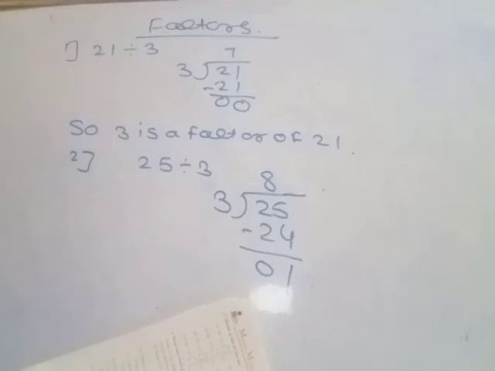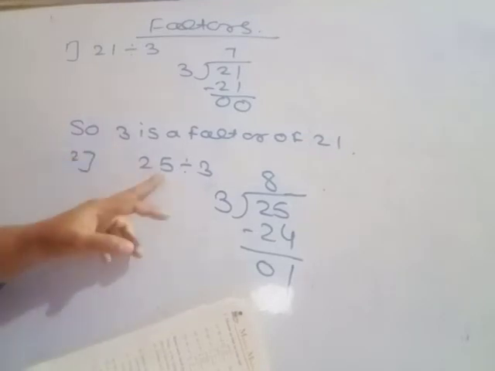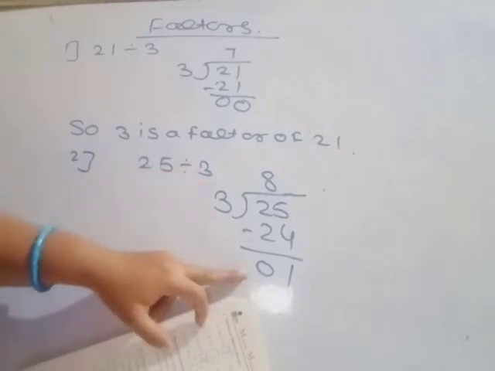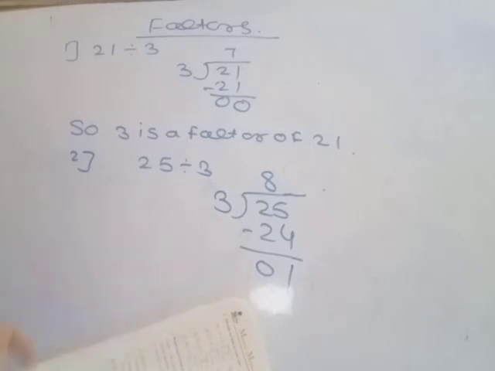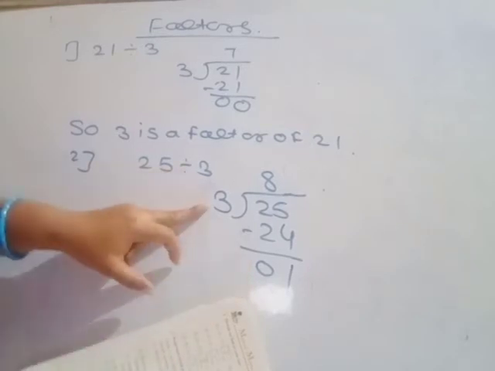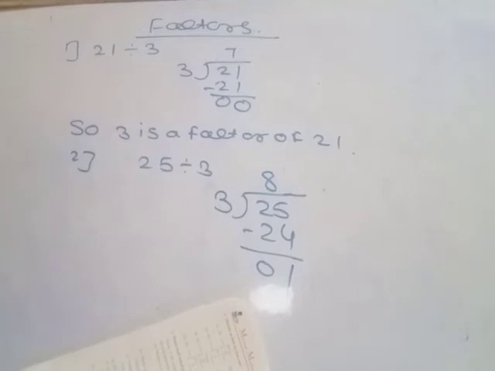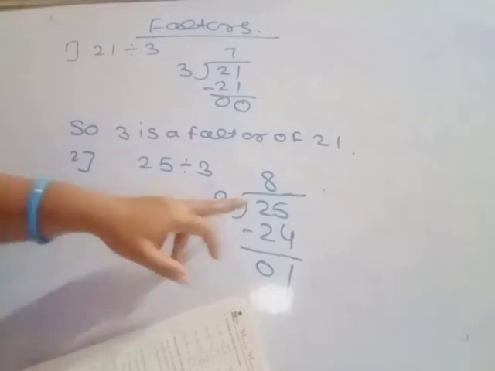When we divide 25 by 3, is the remainder 0? No, the remainder is not 0. This means 3 does not divide 25 exactly. Therefore, 3 is not a factor of 25.